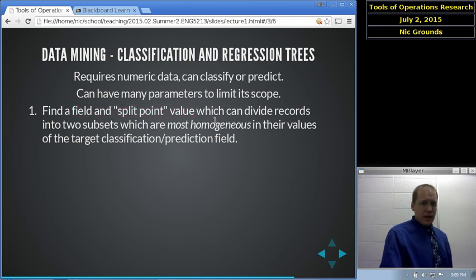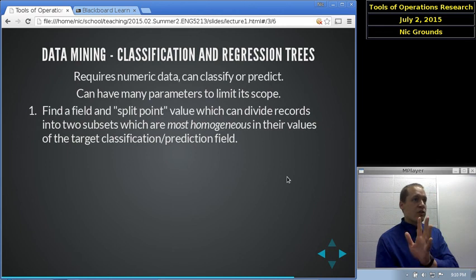And what we want to do is pick a field and a split point value that divide the records into the two subsets that are the most homogeneous they can be. That is, ideally, we'd want to find a GPA that could split all records into the ones that all graduate, and the other subset are all the records that don't graduate. If we could do that, then that would be the best algorithm.